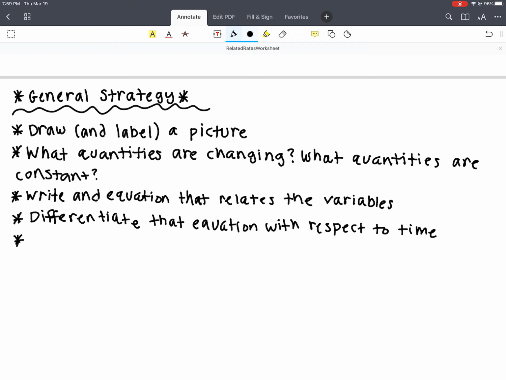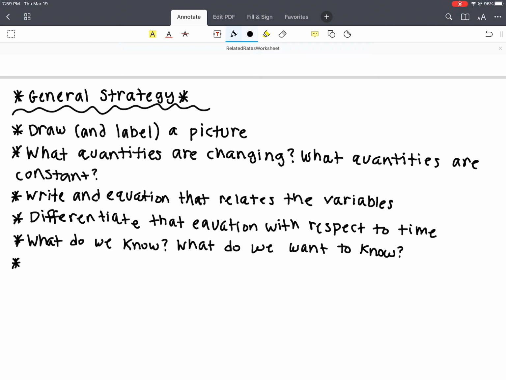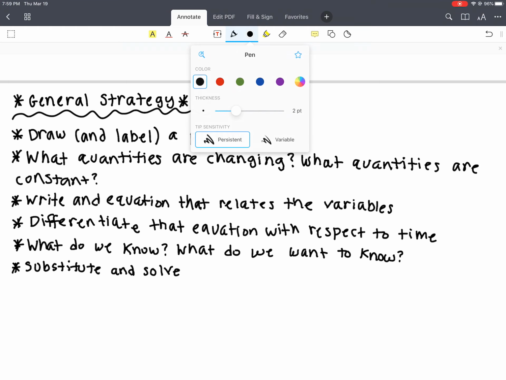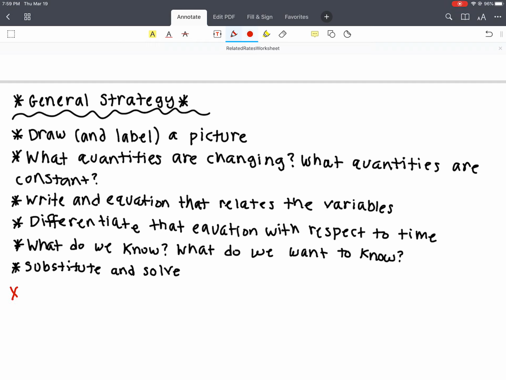This time we ask, what do we know? And what do we want to know? And then lastly, we substitute and solve. And put things back in context.